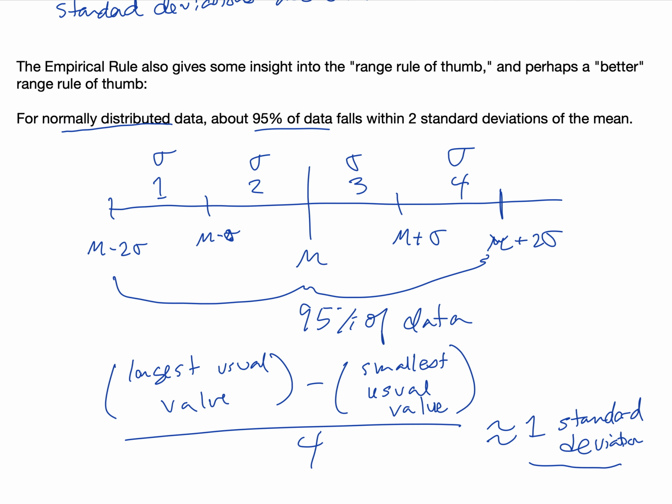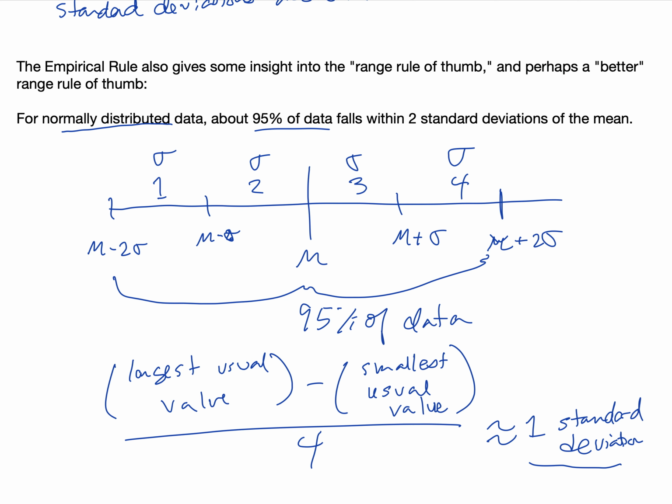So the original range rule of thumb was the maximum value minus the minimum value, divided by 4, the range divided by 4. Here this is a slight change. Instead of taking the absolute maximum value and the absolute minimum value, you throw out the outliers, or the things that happen less than 5% of the time, and take the largest usual value minus the smallest usual value, divide that range by 4, and that is approximately the size of 1 standard deviation.